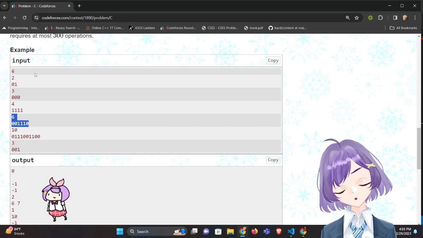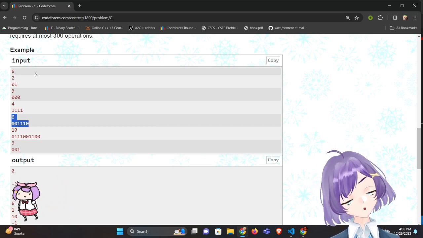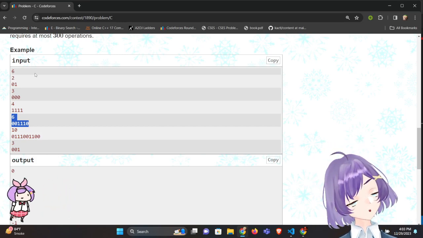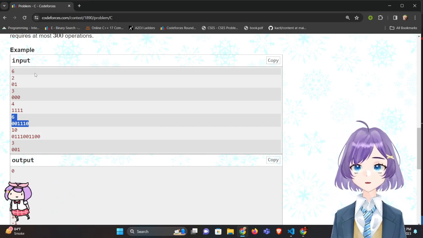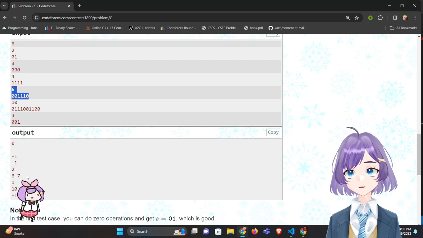Okay. Not equal, not equal, not equal, not equal. Wait a second. 1, 1, 1, 0, 0, 0, 1, 1. Good, good, good, good, and good. So it took two operations, which is the same as the answer.